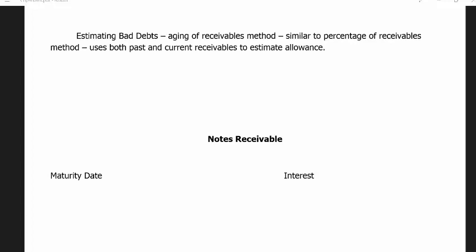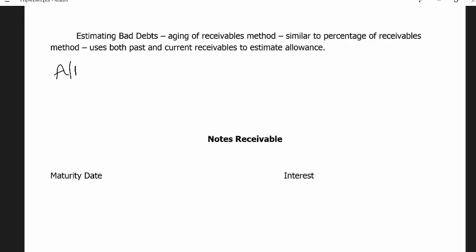The aging of accounts receivable method is similar to that receivable method in that it's based on accounts receivable, but instead of taking your total accounts receivable and multiplying it by the percentage of uncollectible, you're going to take categories of accounts receivable.